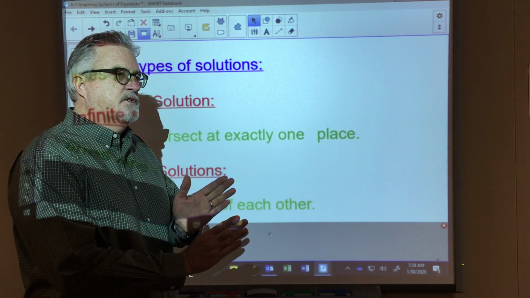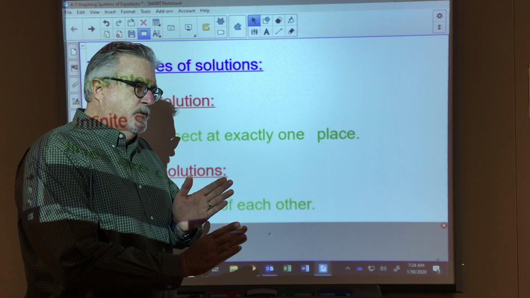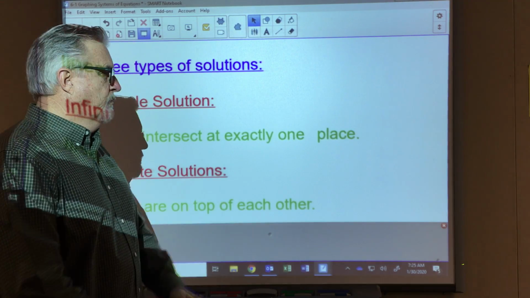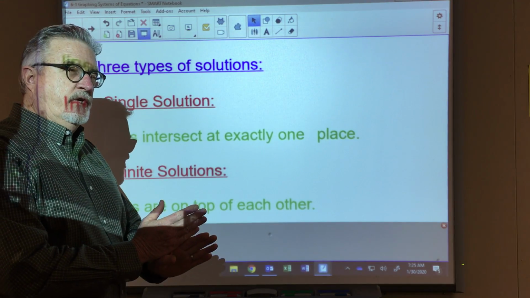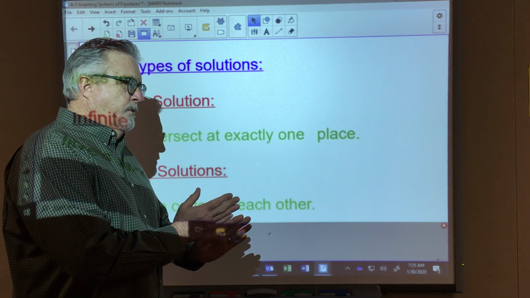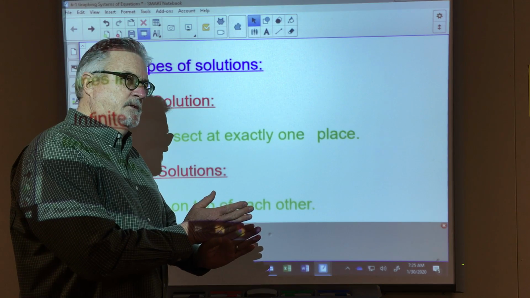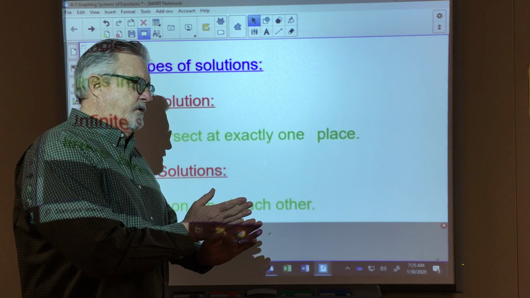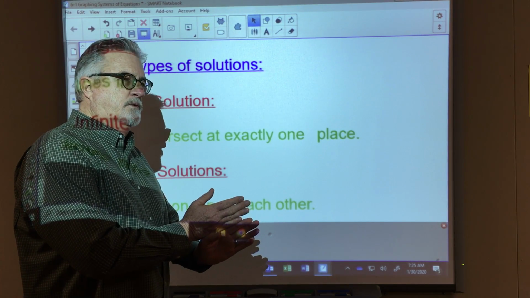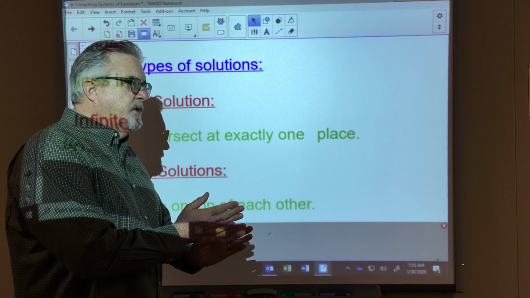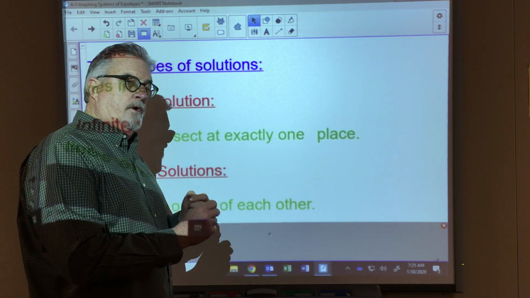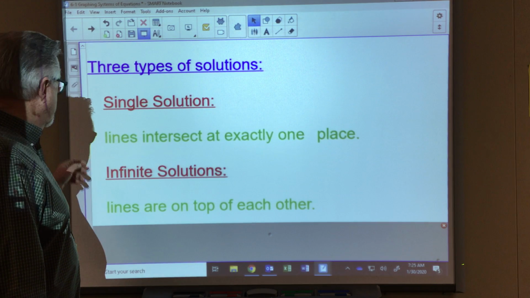When you simplify the equation, it's actually the same equation when you graph it. And the lines are on top of each other. That means every ordered pair on those two lines, which are basically the same line, every single one of those ordered pairs is a solution. And it's infinite because, as we know, those lines go on and on and on in both directions.